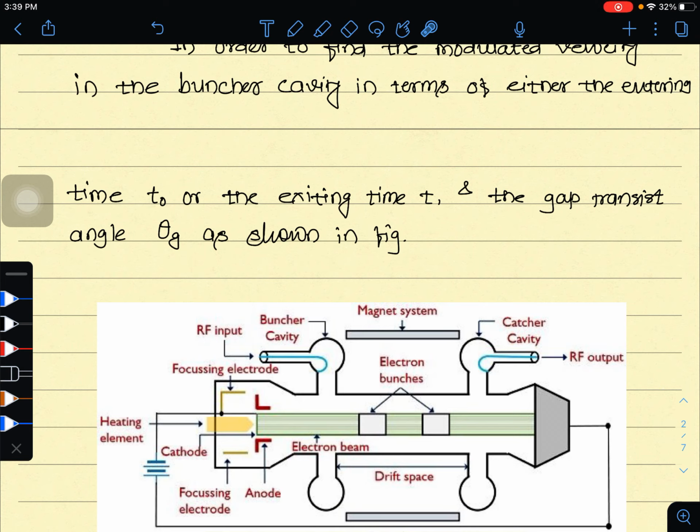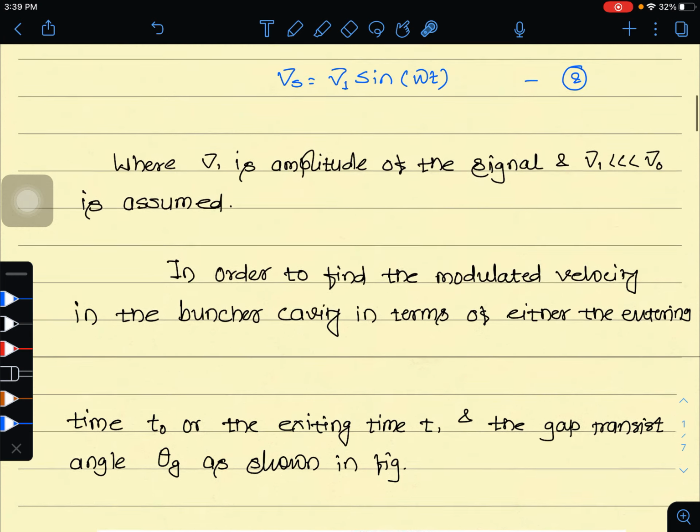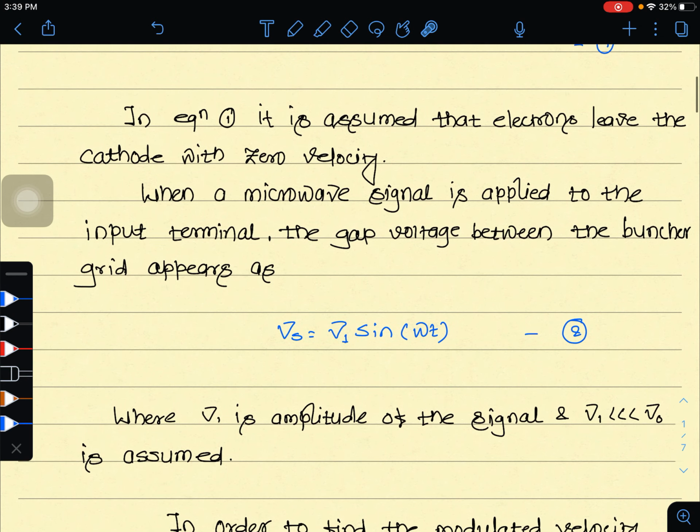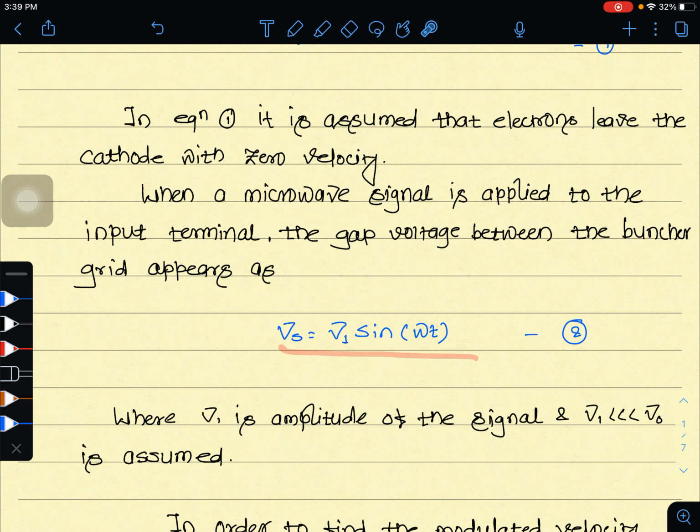That means when the microwave signal is applied to the input terminal, the gap voltage appears across the buncher grid, and it is Vs equal to V1 sine of omega t. It is the general equation of the wave. This is equation number 2.